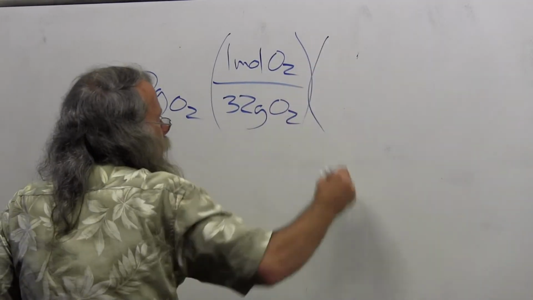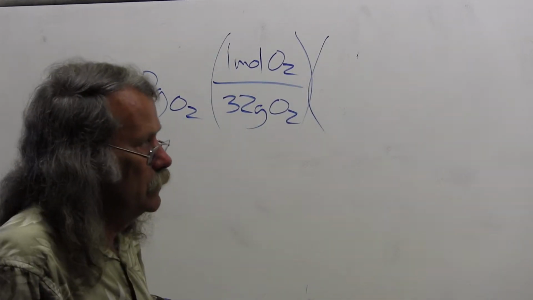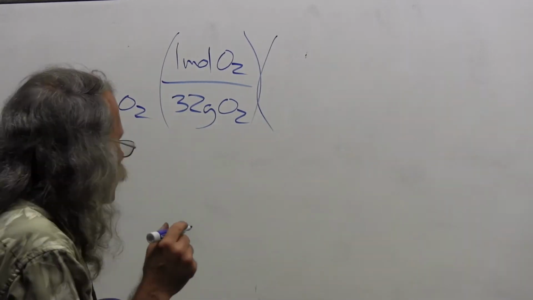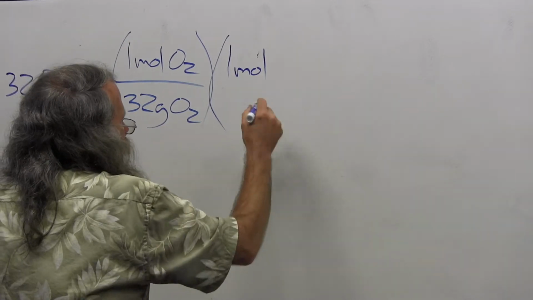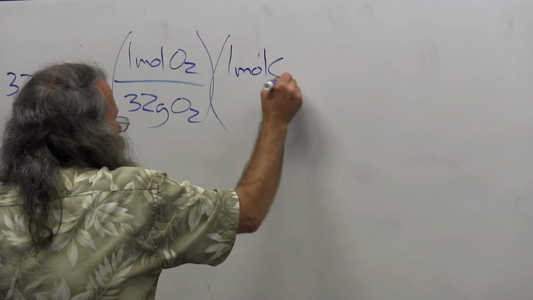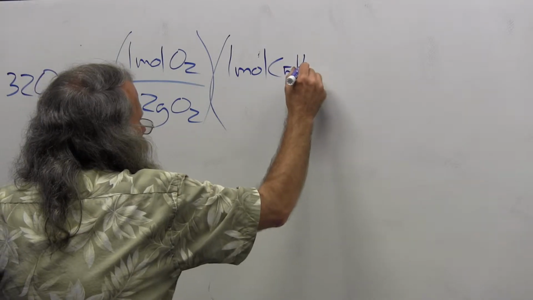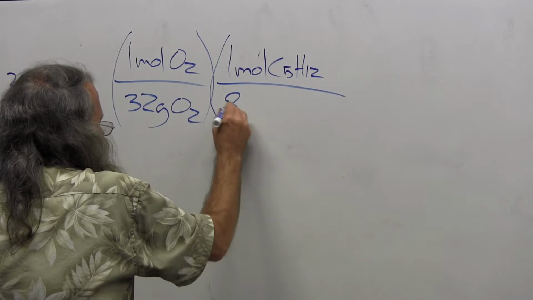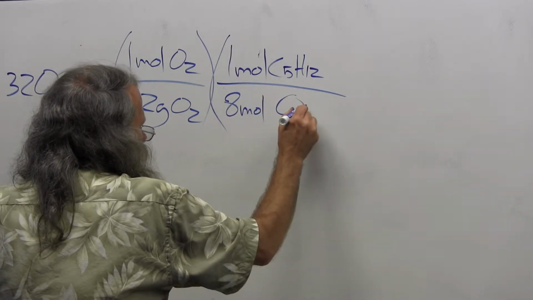Now, I need to know the mole ratio of the reactants. And it turns out there is 1 mole of C5H12 for every 8 moles of O2.